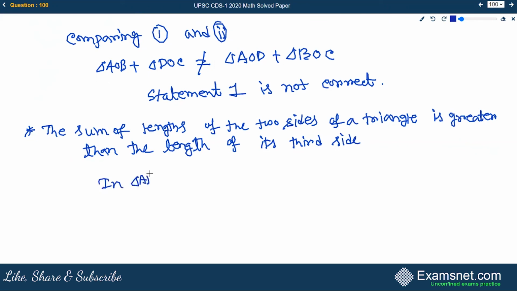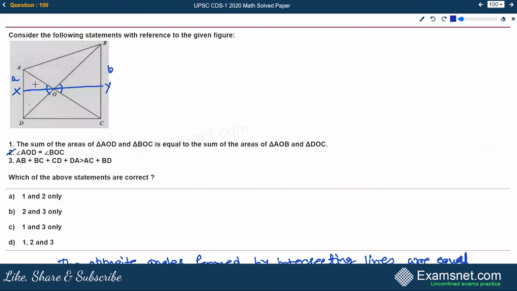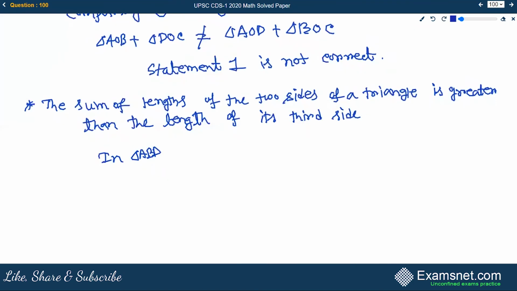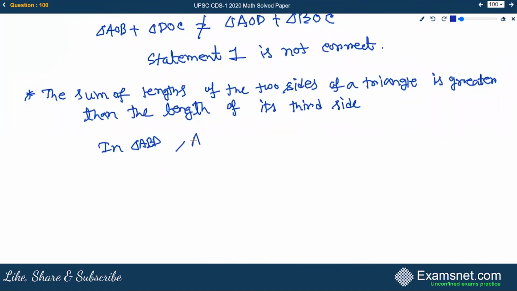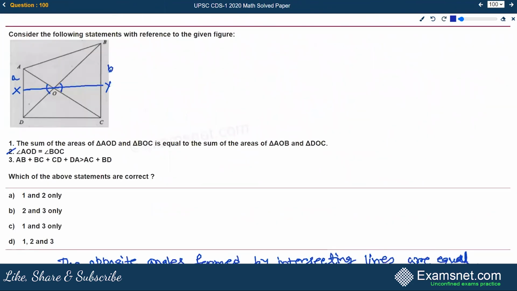In triangle ABD, we can write AD plus AB is greater than BD. Also in BCD, we can write BC plus CD is greater than BD. So here we can write AB plus AD greater than BD.